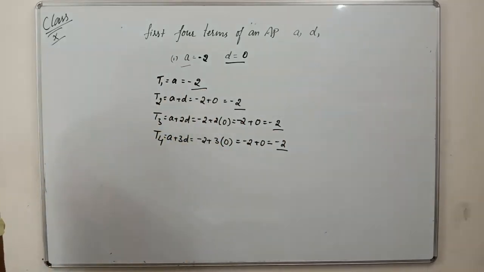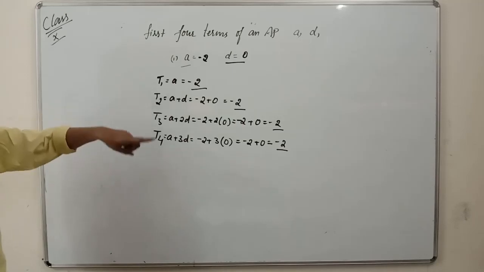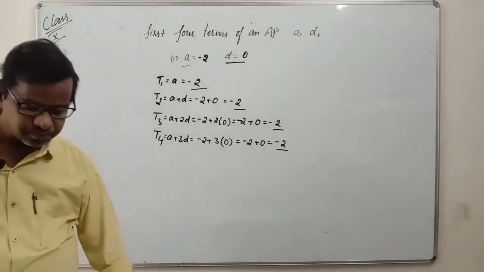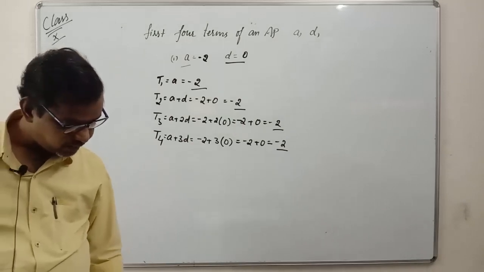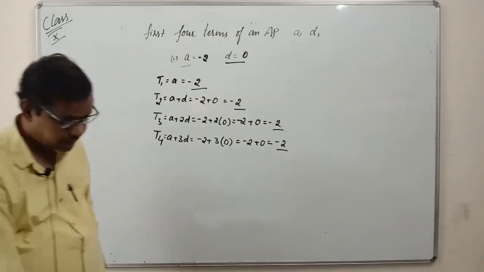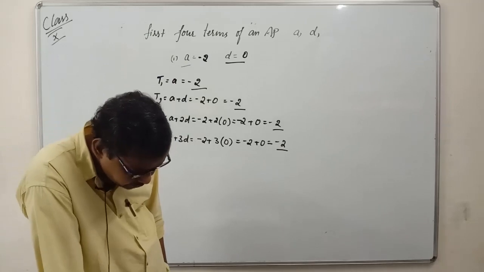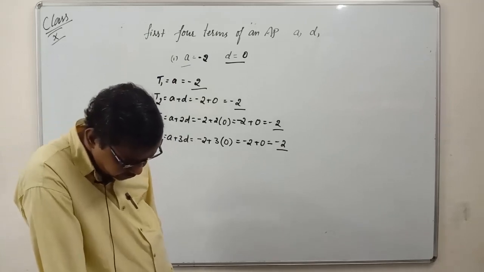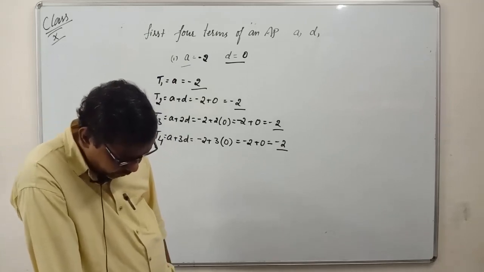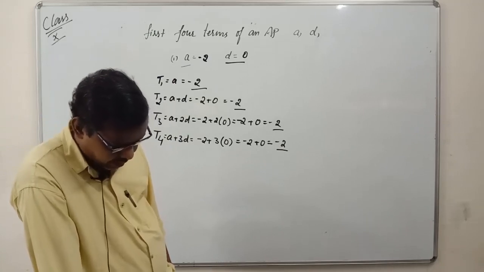The first 4 terms of the AP are minus 2, minus 2, minus 2 and minus 2. This is how you have to find the first 4 terms of the AP. Okay, you can continue with the other problems also.